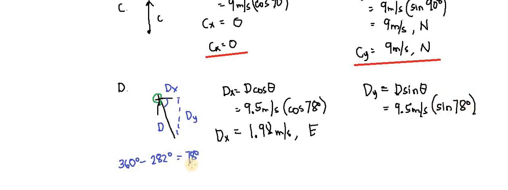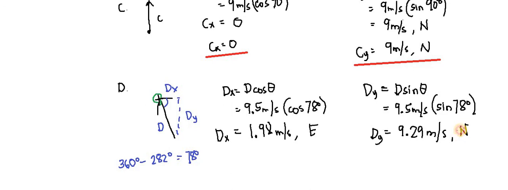Again, this is how we get the 78 degrees. Okay, so type in natin sa calculator. Our D sub Y is 9.5 sine of 78. So that is 9.29 meter per second.